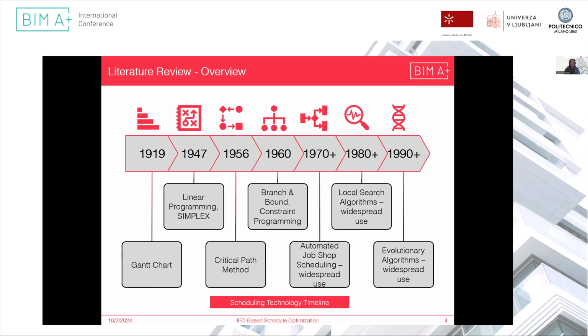And then we also had automated job shop scheduling, where we were trying to use the algorithms that we had created in an automated way to solve that. However, these problems were so incredibly complex that eventually what came up in the late 1980s and afterwards were evolutionary algorithms in a bid to solve these challenges.